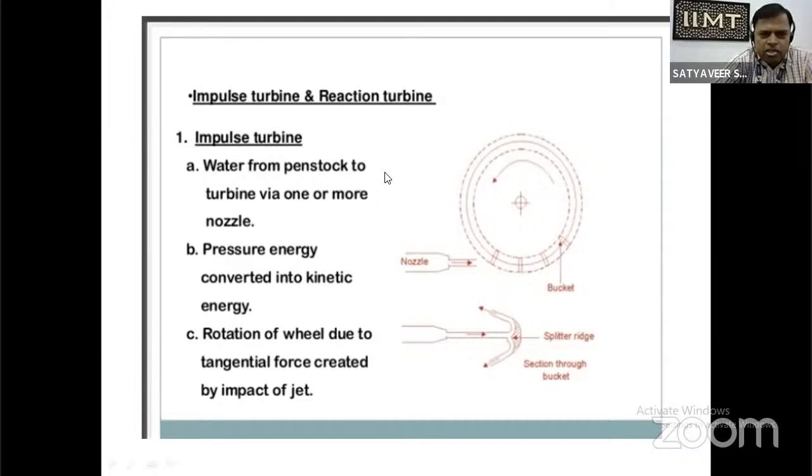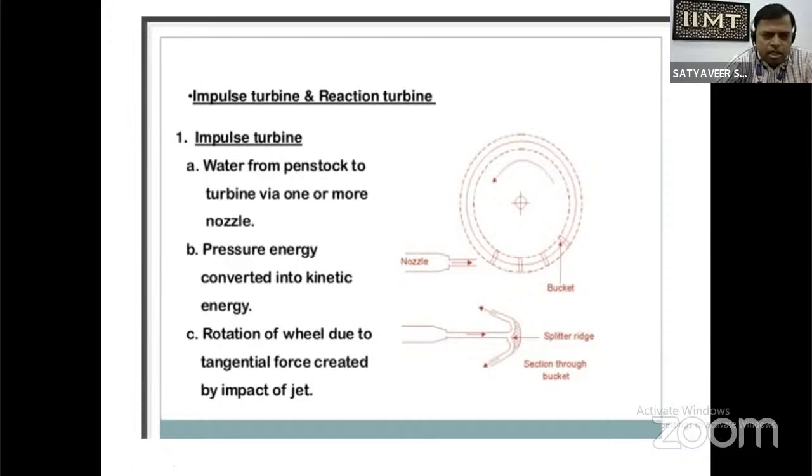Water goes from the penstock to the turbine via one or more nozzles. We can use one nozzle or more nozzles to project water on the bucket or the blades of the turbine. Second, the pressure energy is converted into kinetic energy, because water under pressure is supplied into the turbine chamber, and this water is projected on the bucket.